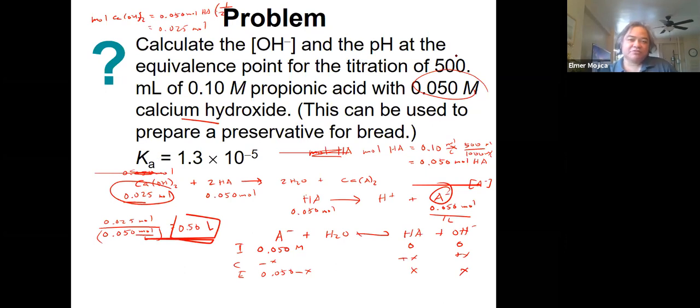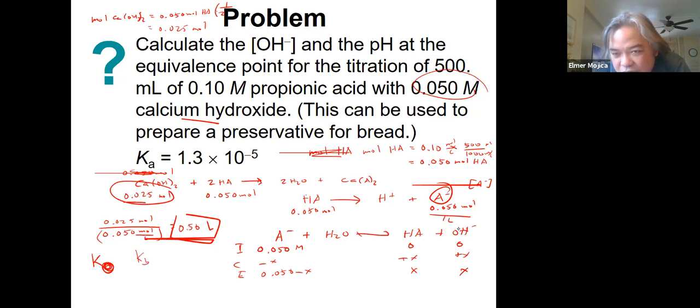I think that's the first question that you have there in your chapter reviewer. If I'm going to put the thing here, will I have a Ka or a Kb? Okay, so you're going to have there the Kb. Why? Because I have here a hydroxide in one of the products. If I have hydronium, that's Ka.